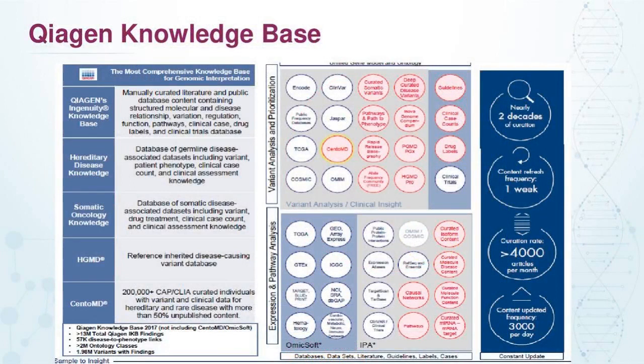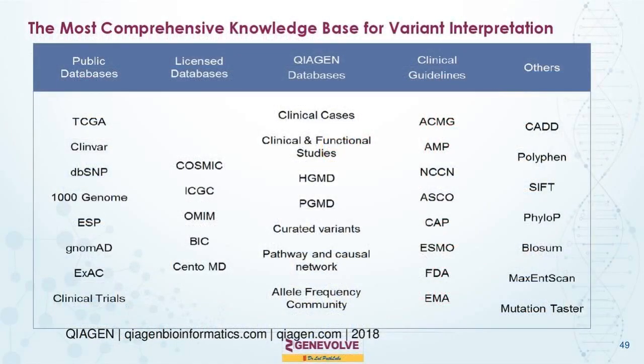So we use things like HGMD, and databases like CentoMD, before we create a report. All these public databases, as well as the QIAGEN databases, are covered, including things like the SIFT score and the other scores which predict whether this mutation is deleterious or not.